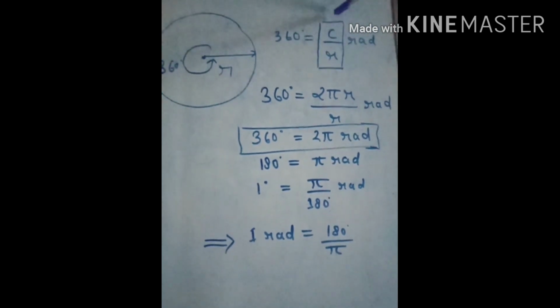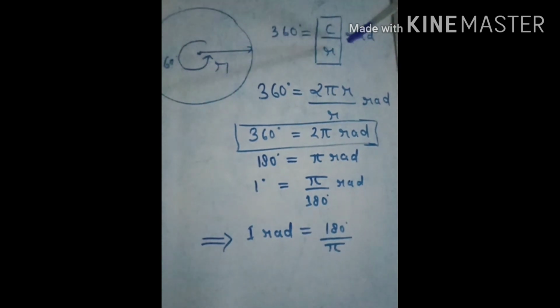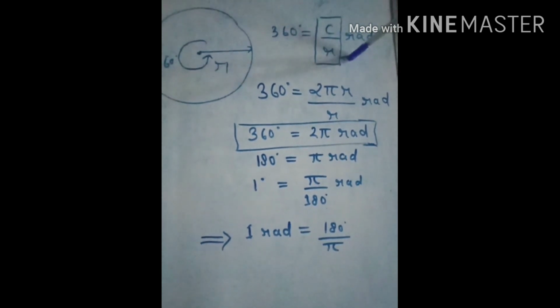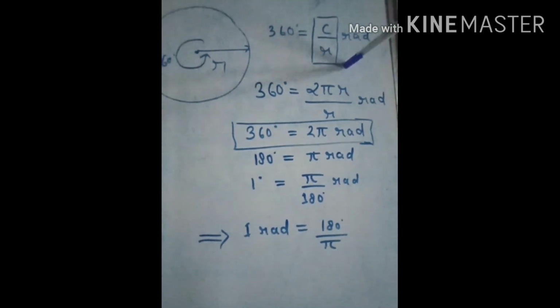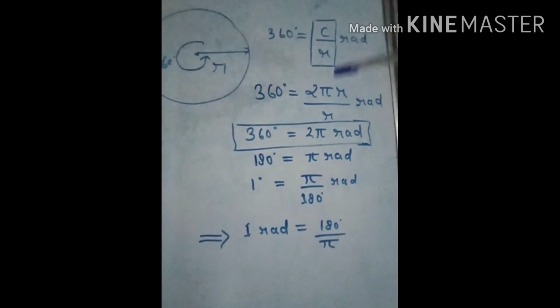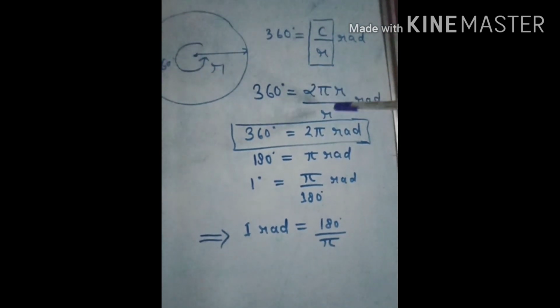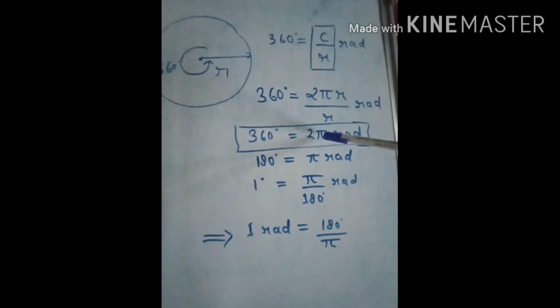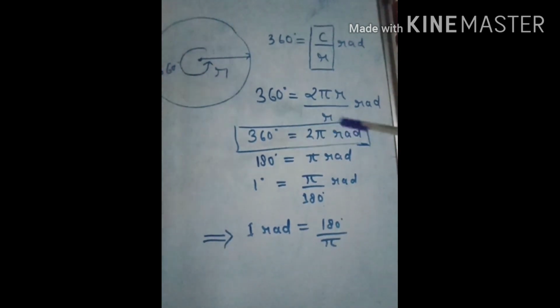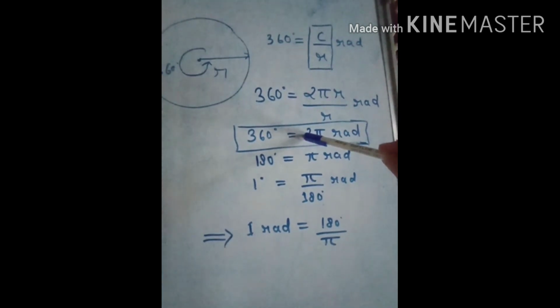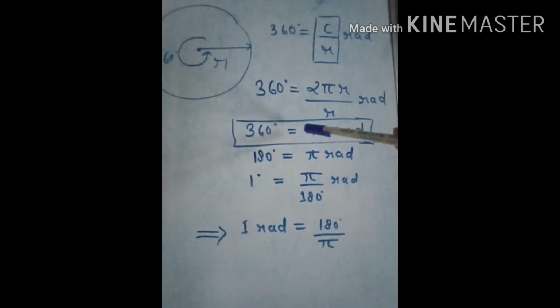So we need a conversion factor. So let us see how much the conversion factor comes out. Putting the value of c, which is equal to 2 pi r, we get here 360 is equal to 2 pi rad.